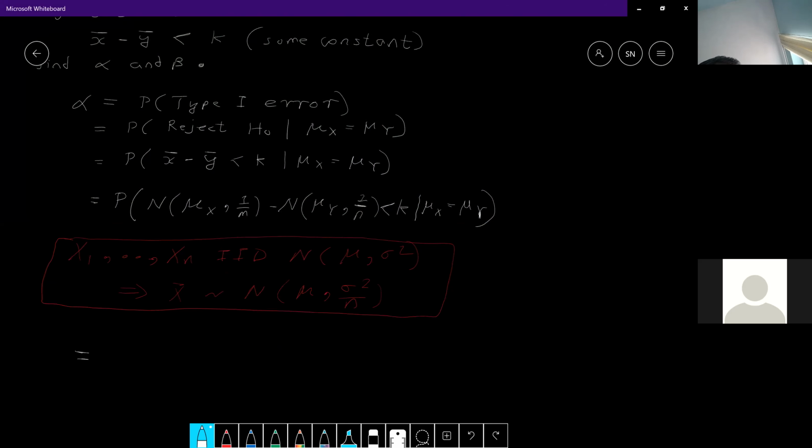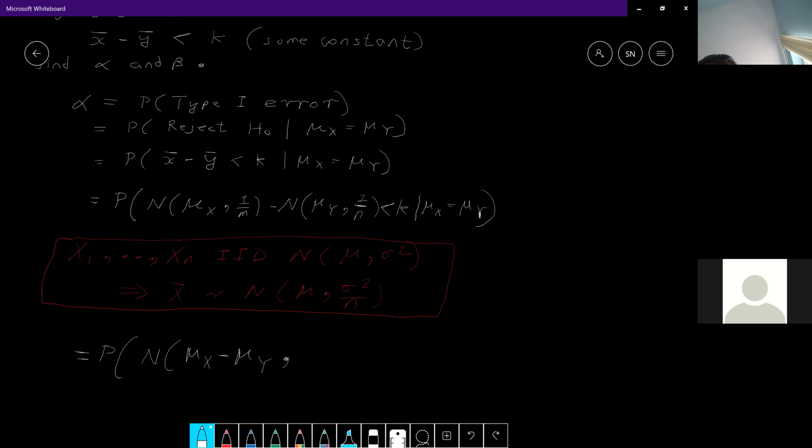So that becomes equal to the probability of, now because the two variables are independent of each other, remember, a linear combination of two normals is also normal, which is something I taught a long time ago. So this will be mu x minus mu y.